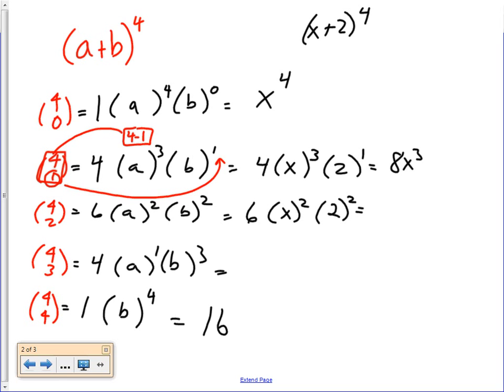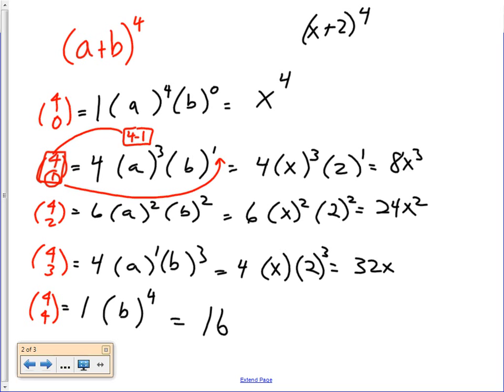It'll be 24x squared. 4 times x times 2 cubed. 2 cubed is 8 times 4. 2 times 2 is 4 times 2 is 8 times 2 is 16.